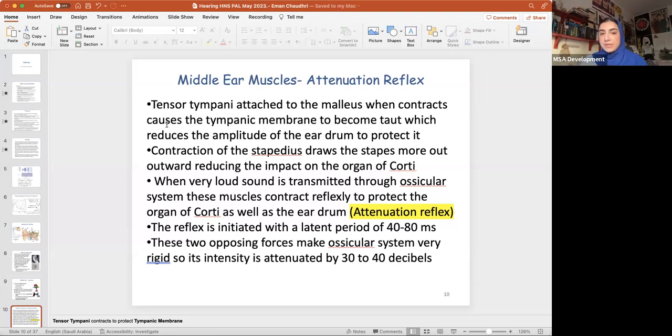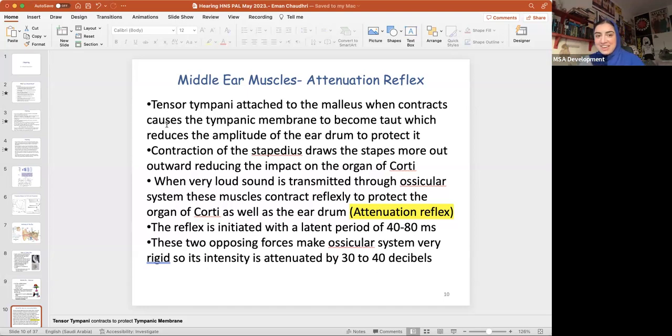And the reason that happens is because it wants to reduce the amplitude of the eardrum so it can protect it, so that your eardrum doesn't burst or it doesn't get damaged or it doesn't transmit too much sound to the inner ear, because that is also detrimental to the structures in your inner ear in the cochlea. And we will get to that in a minute.